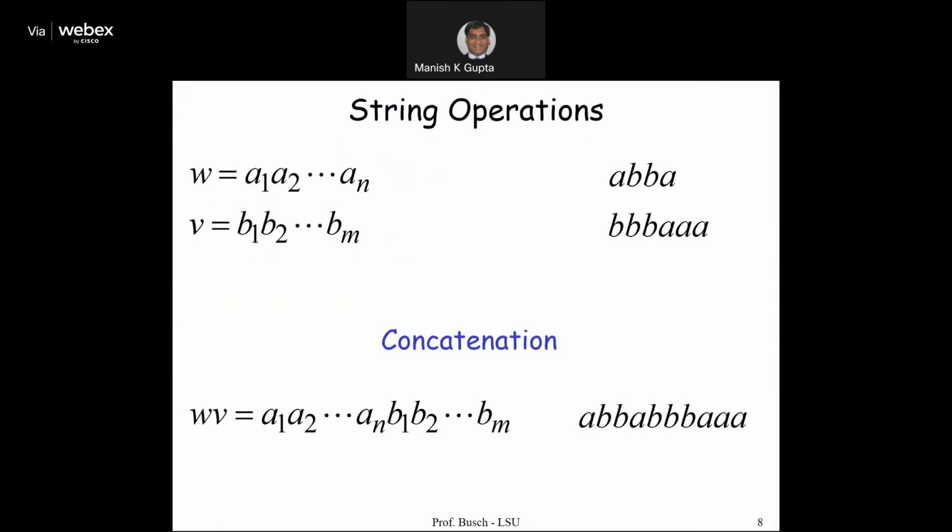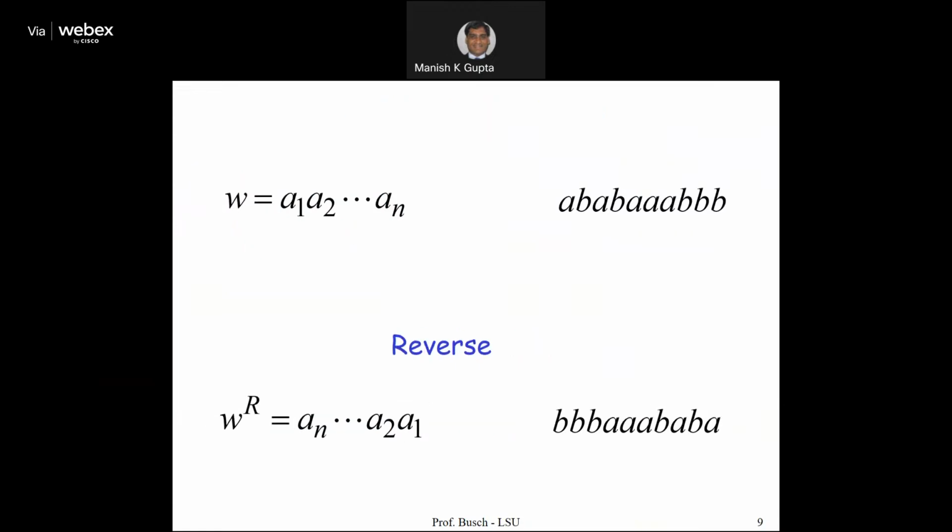Now, there are certain operations that are possible on strings. Concatenation is very, very simple. If you look at two strings, W and V, of size N and M, you can concatenate them: first you put W and then V. That is the concatenation operation. Very simple. This is all high school mathematics, if you have done a good high school.